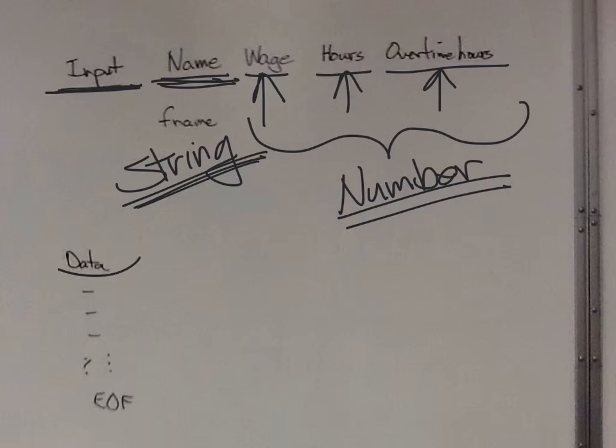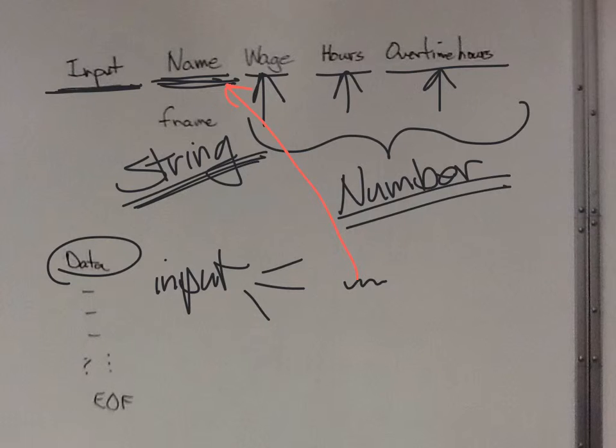Then we talked a little bit about data, and so your data would fill those variables. You'd have some form of input, and wherever it gets it from. Right now we're getting it from the console or the keyboard while we're running the program, but eventually we can get it from a file. It can be stored in some kind of a list or whatever. But we take our data, whatever that might be, and we store it into whatever the location is.